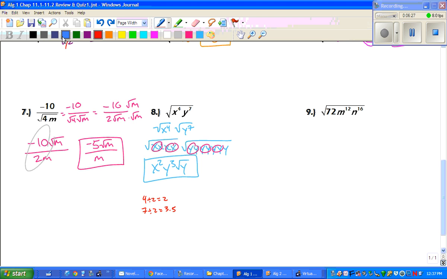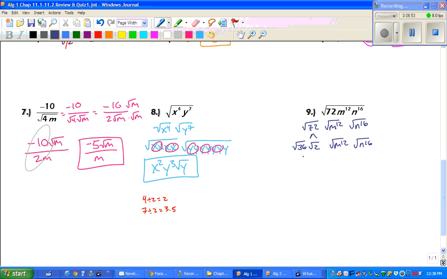All right, last one, number 9. Okay, we're going to break each one of these down. 72, m^12, and 16. 72 breaks down to 36 and 2, m^12, and 16.